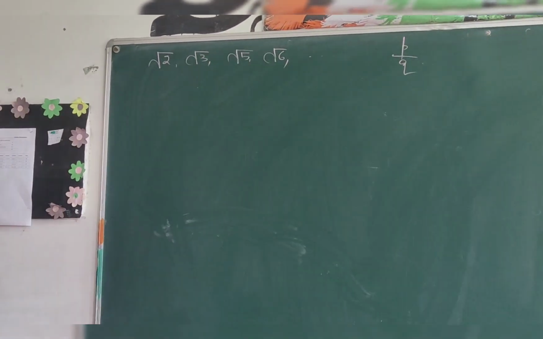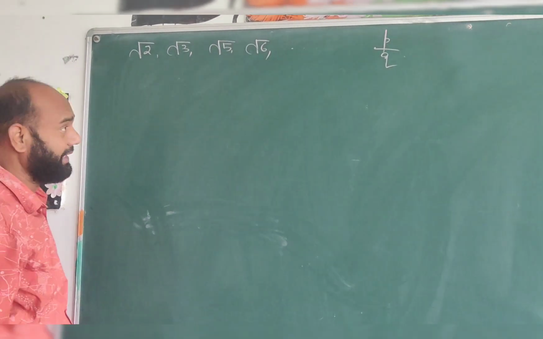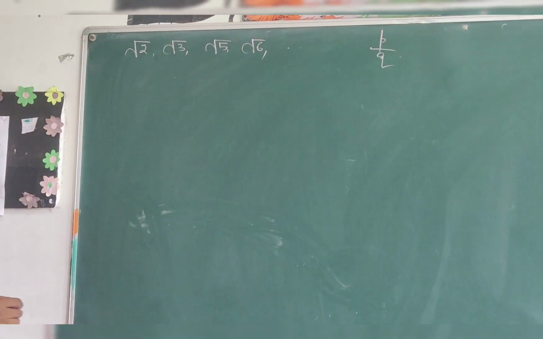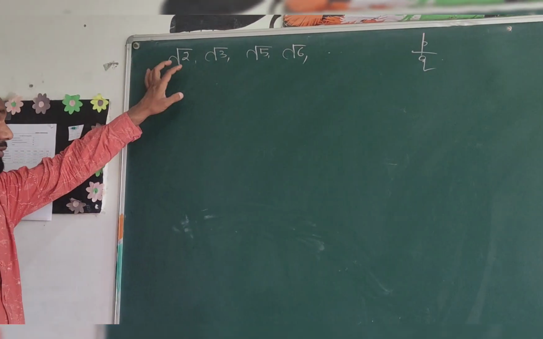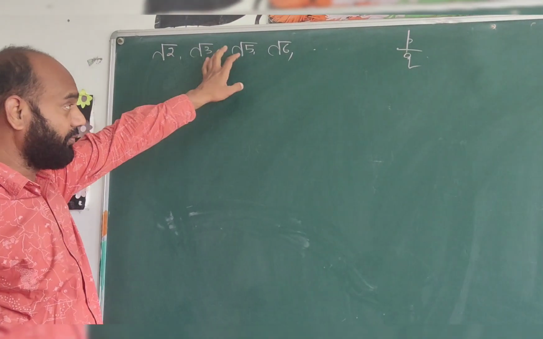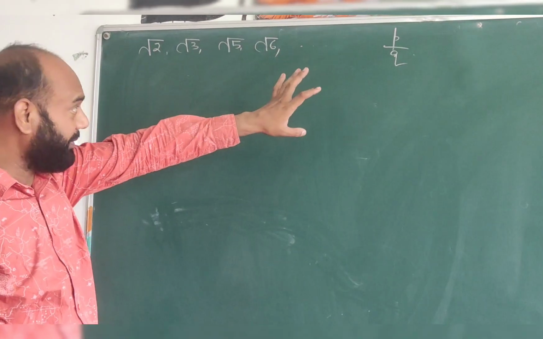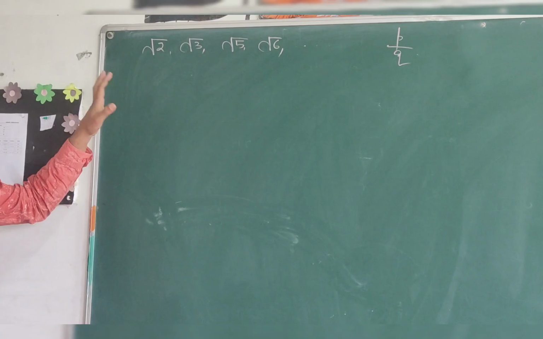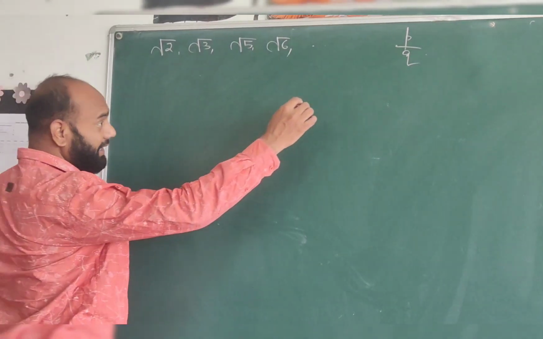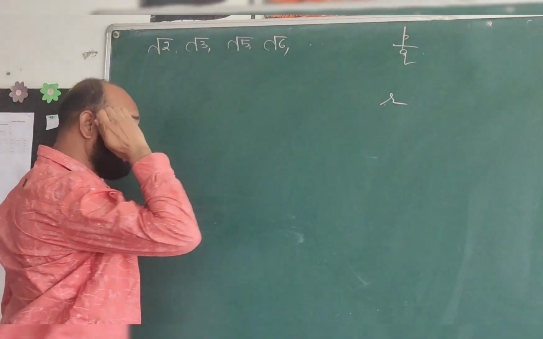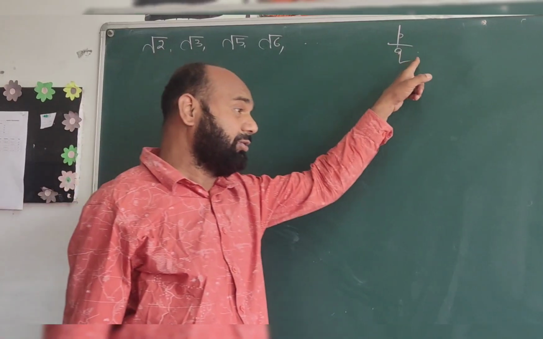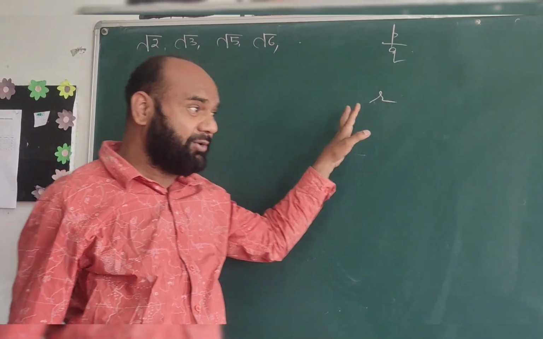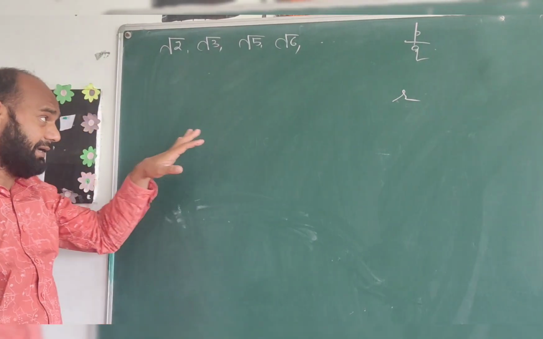We solve here two examples, root 2 and root 5. And when any question in which the term of root 2, root 3, root 5, root 6 and so many are prime, then it can be solved by the R method. However, the meaning of P upon Q is a rational number and the meaning of R is also a rational number.